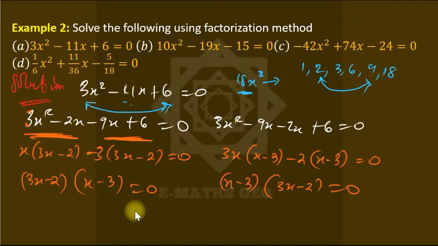Like 2 times 0 is 0, 0 times 2 is still 0. So anyone could be 0, but we don't know which one. So it's either the first one is 0 or the second one.